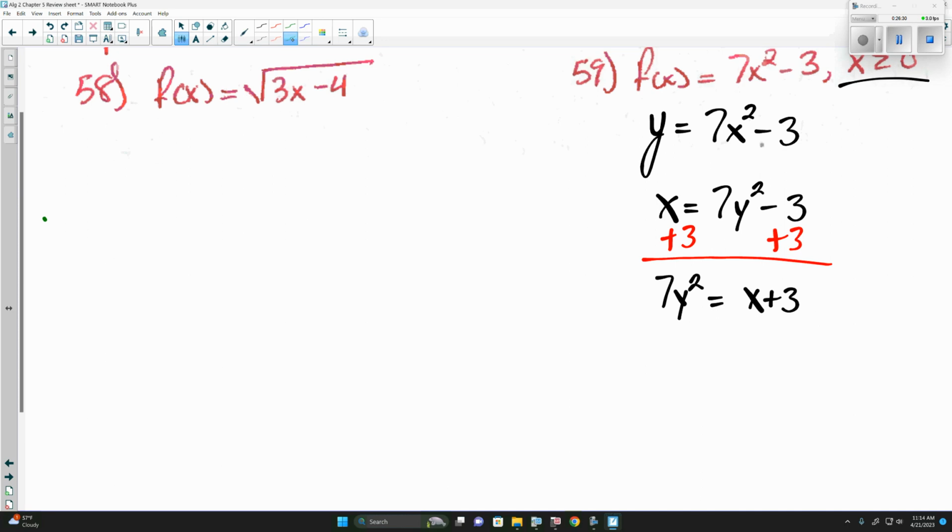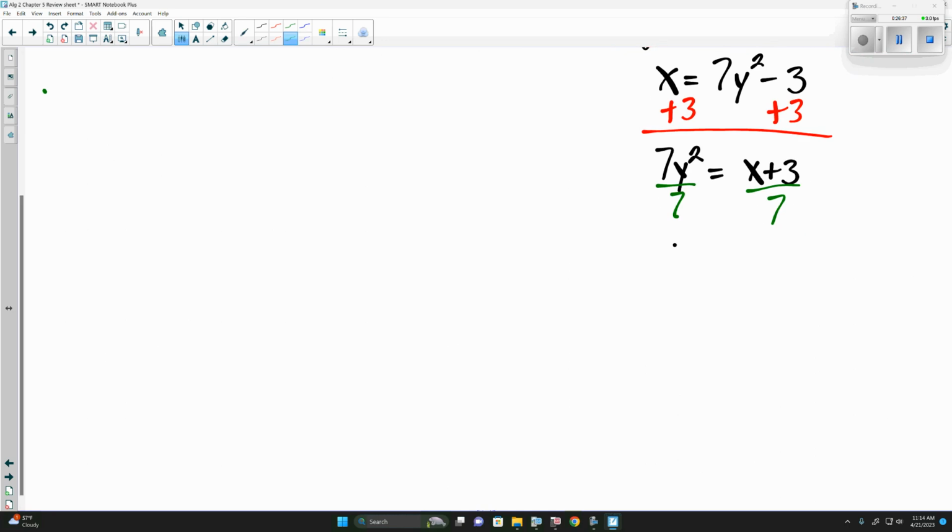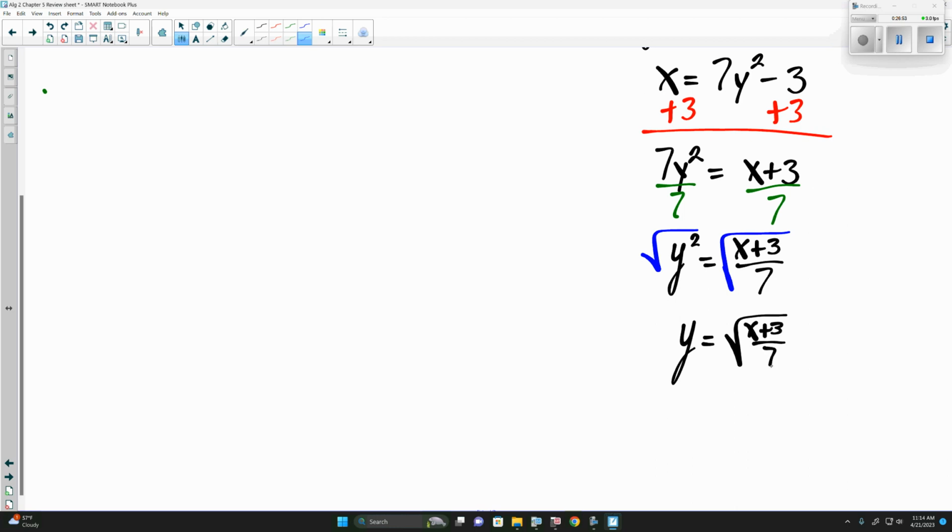Our next step would be to divide by 7, telling us that y squared is equal to x plus 3 divided by 7. And last but not least, we would square root both sides, telling us y is equal to the square root of x plus 3 divided by 7.